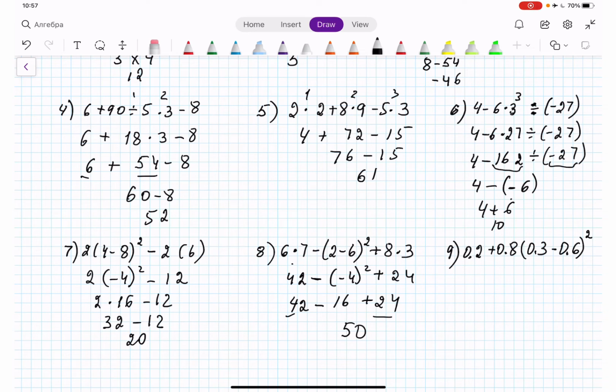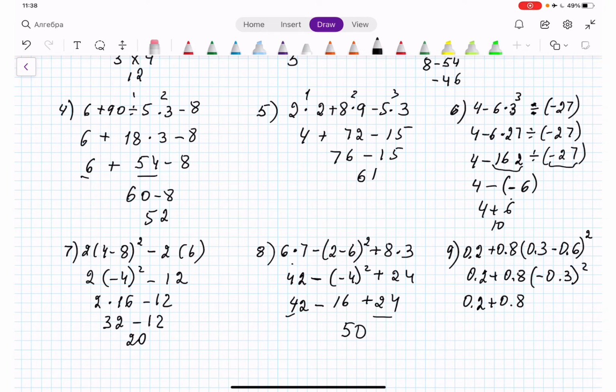Okay, so first we need to do the parentheses, square, and then multiplication. So 0.2 plus 0.8 times 0.3 minus 0.6 is going to be negative 0.3 squared. Okay, 0.2 plus 0.8 times negative 0.3 squared.